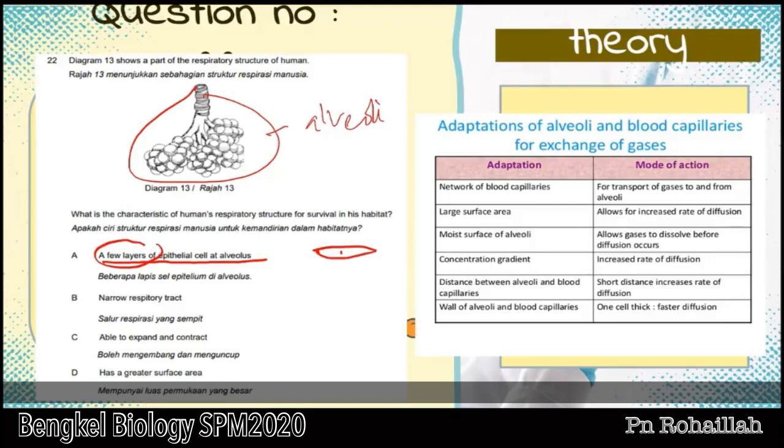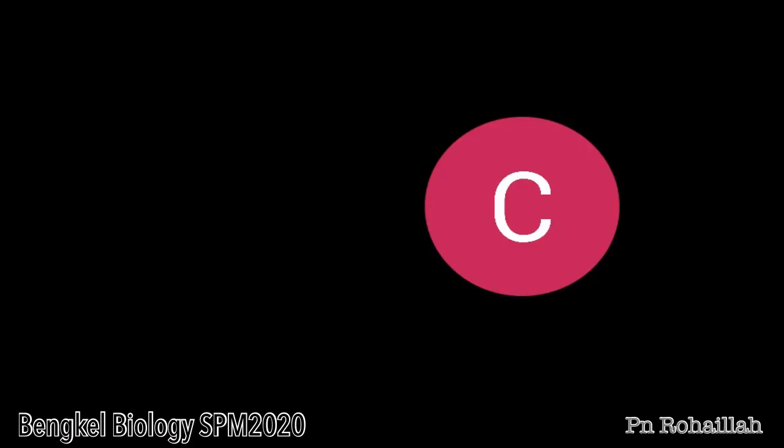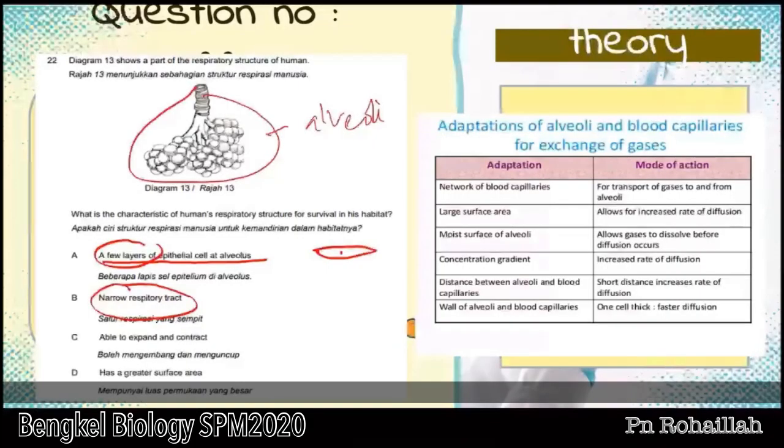No. Okay. This narrow respiratory tract ni, this is what the COVID-19 punya coronavirus tu buat dekat respiratory structure. Okay. Make the respiratory tract become narrow, so that patient will having difficulty in breathing. So that is caused by this COVID, coronavirus. Okay. And then able to expand and contract.